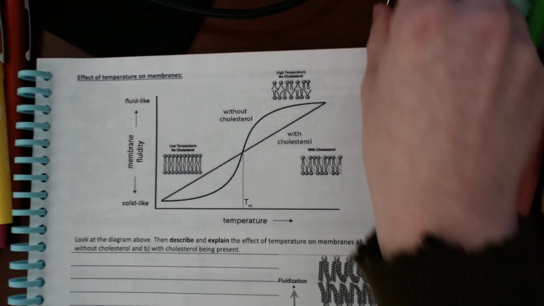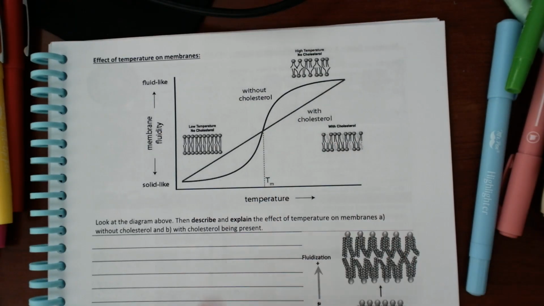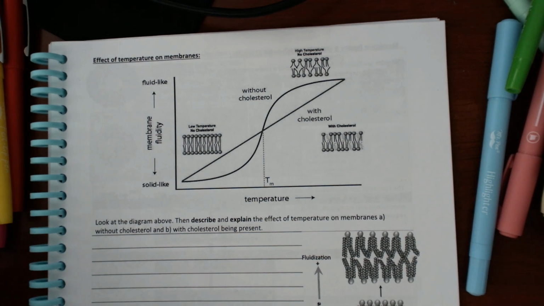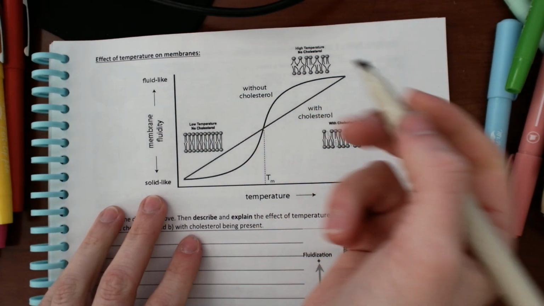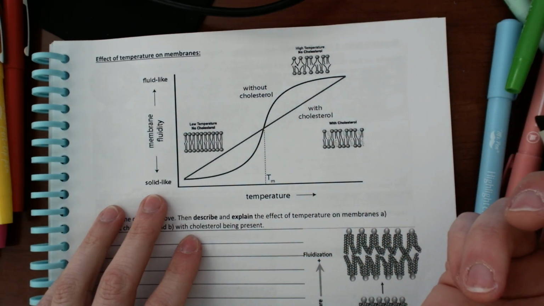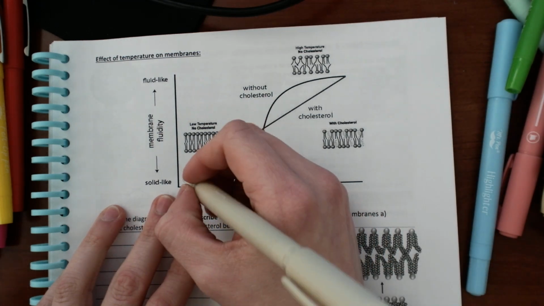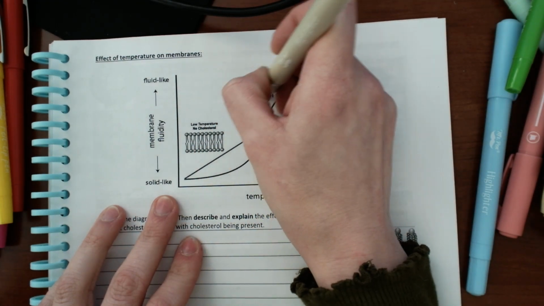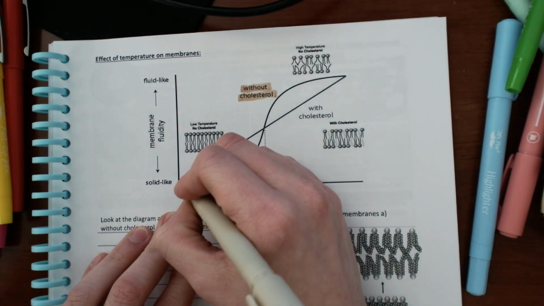Alrighty, so now let's look at temperature and why this is so important. Ooh, okay, so let's make without cholesterol like brown, doo-doo brown. So this one, without cholesterol, is this brown.